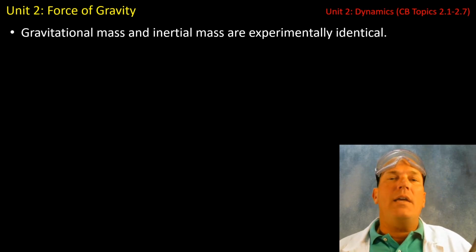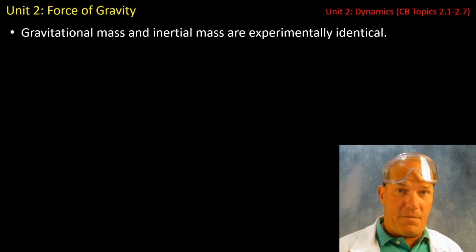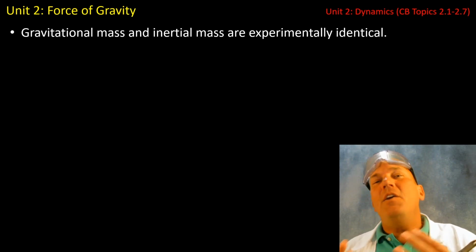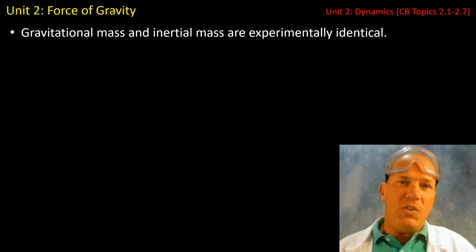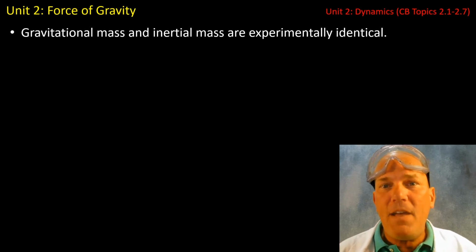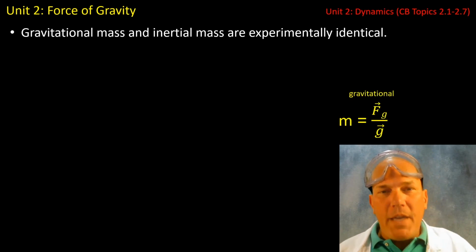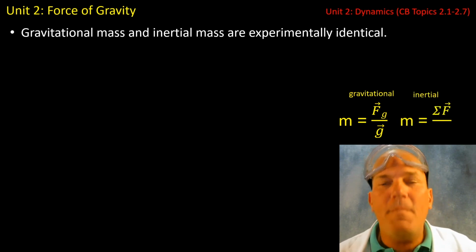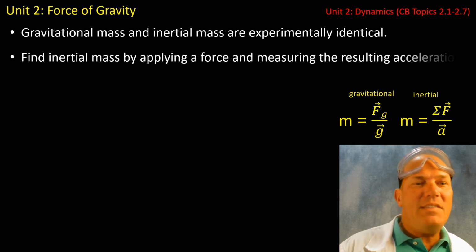is to distinguish between gravitational mass, which I've spoken about in this video, and inertial mass, which I taught you about in previous videos. Those two have been found to be experimentally identical. So we have the equation for gravitational mass and the equation for inertial mass.